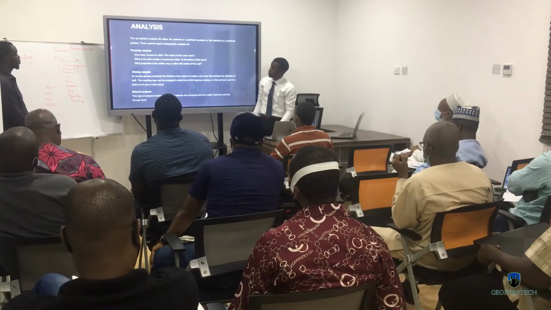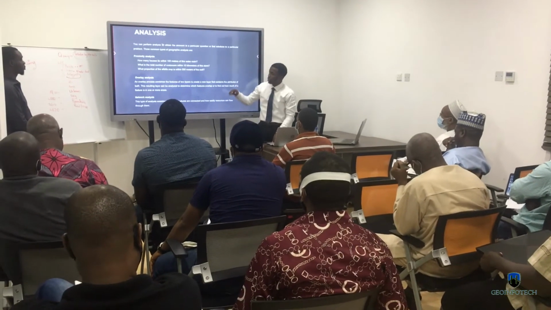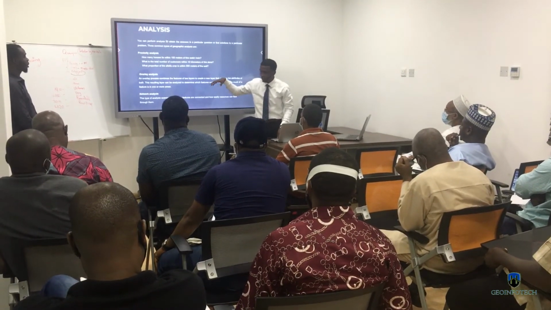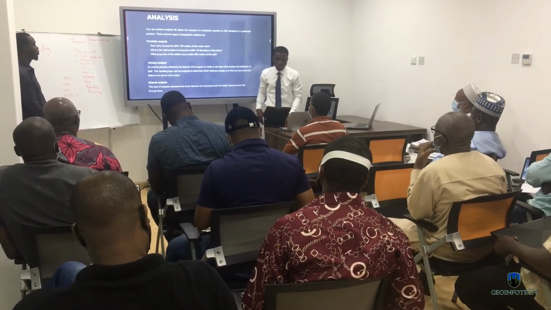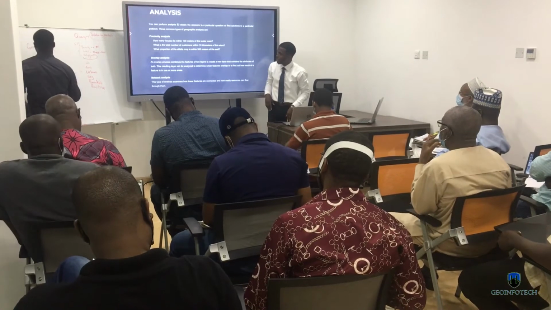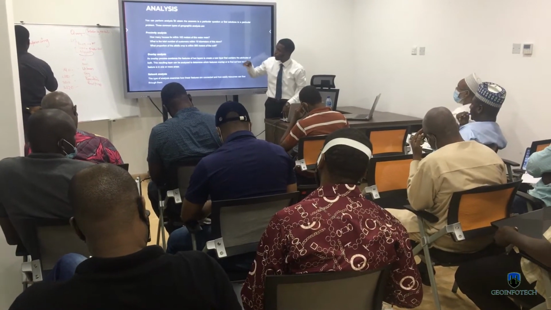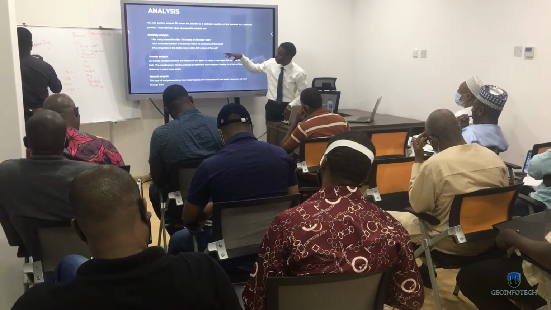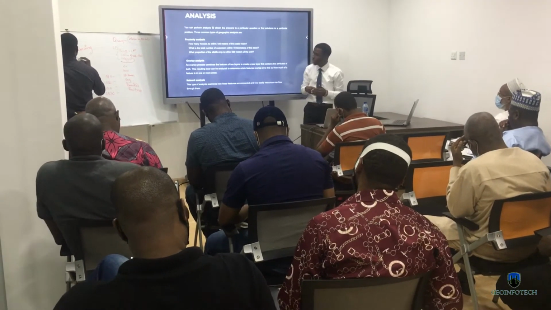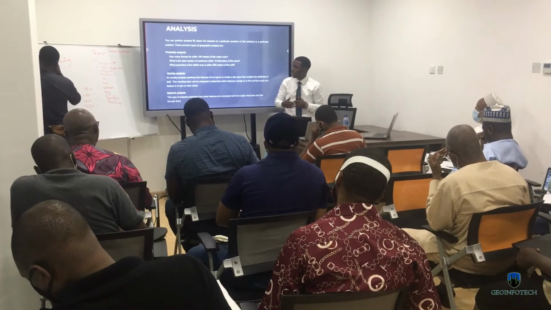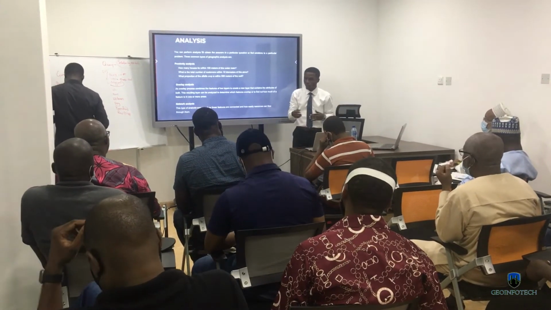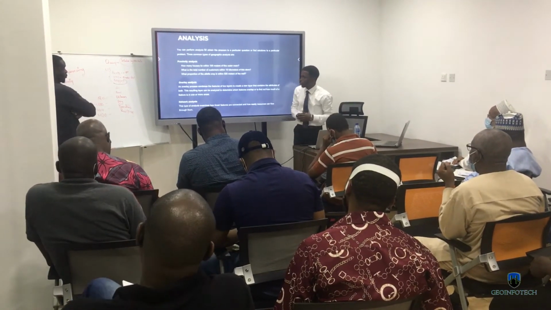So now we talk about analysis. This is just among some of the analysis related areas. We talk about proximity analysis. In proximity analysis, you're asking, how many houses lie within 100 meters? You're talking about the distance between a particular object or phenomenon and wherever you want to calculate it to be.